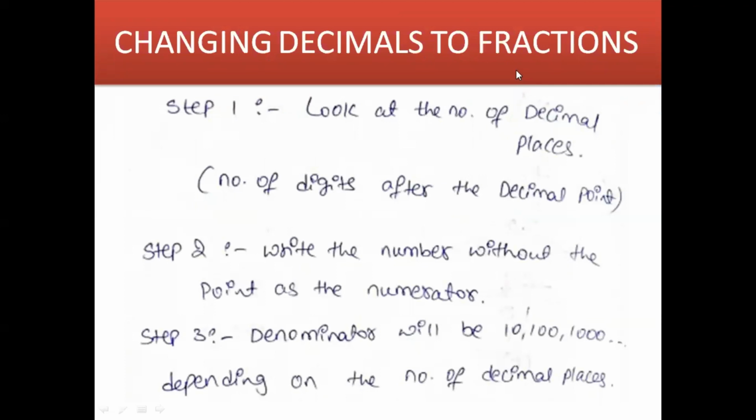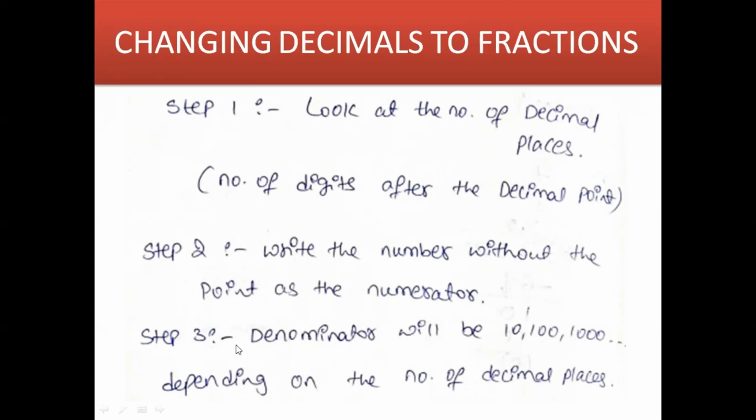Changing decimals to fractions. Here see steps. Step 1. Look at the number of decimal places. That is the number of digits after the decimal point. Next, write the number without the point as the numerator. Step 3.